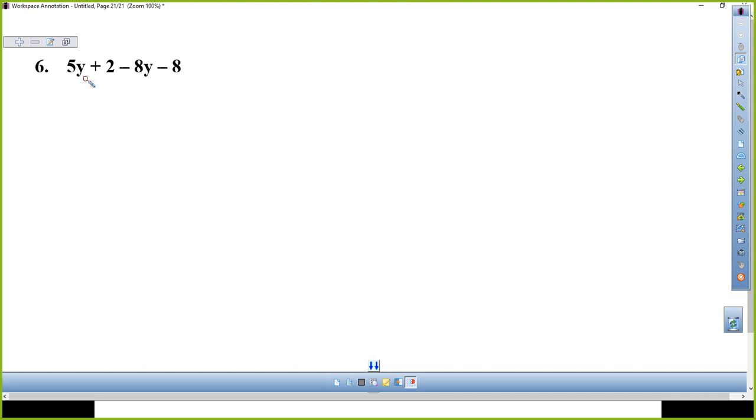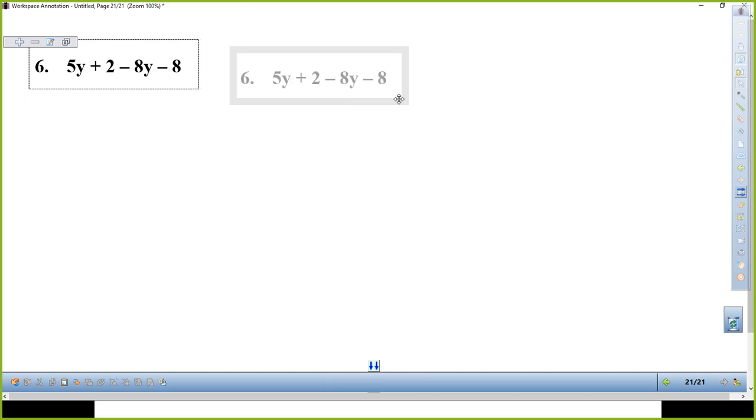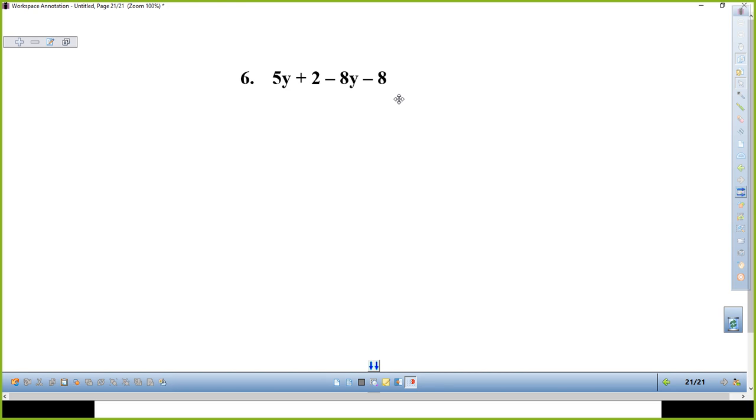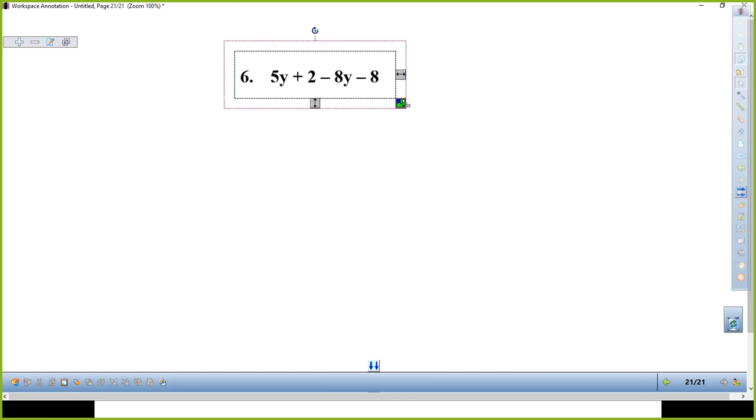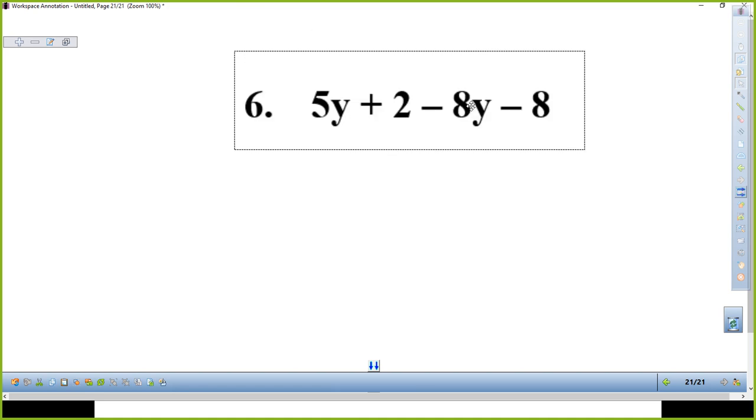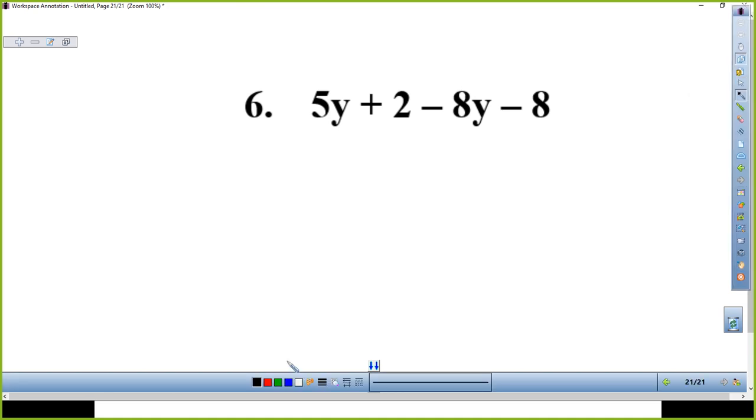So 6 reads 5y plus 2 minus 8y minus 8. Alright, so here we go. I'm going to start with, do we have addition throughout?